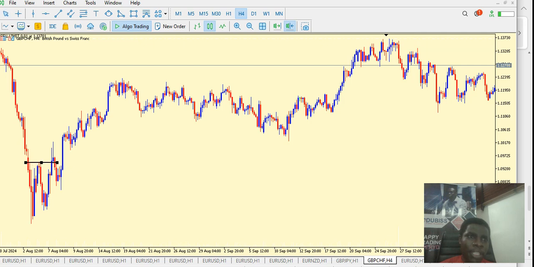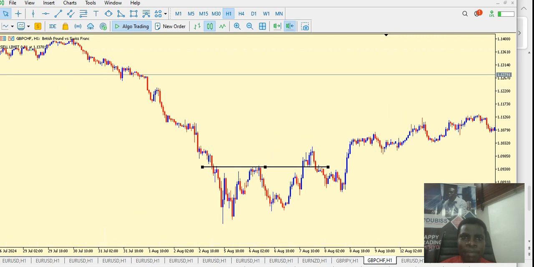At this point, we saw there was a change of character. Please permit me to do this. There was a change of character. And what happened? After price gave us that change of character, we could see that we have this zone. You can see how price tapped inside the order block and moved.